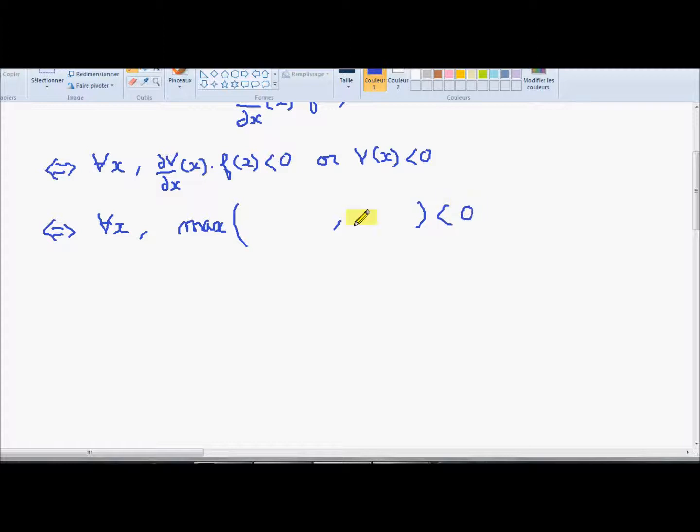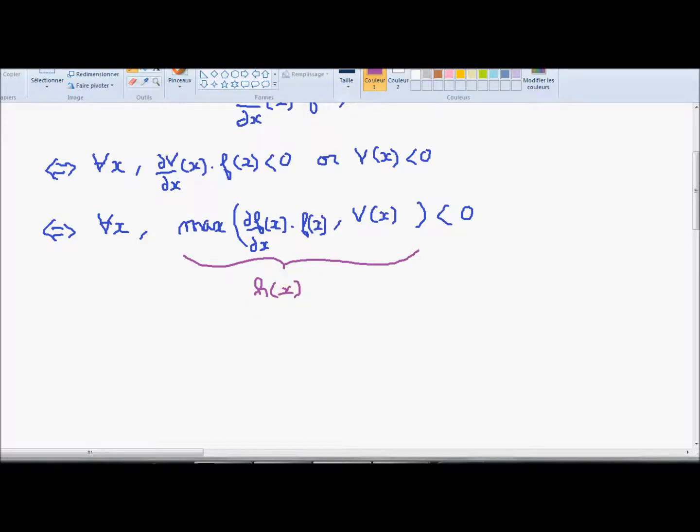The first quantity corresponds to V of x, and the second quantity is this one in x multiplied by f of x. If I call this function, for instance, h of x, in fact, I will have the following problem.